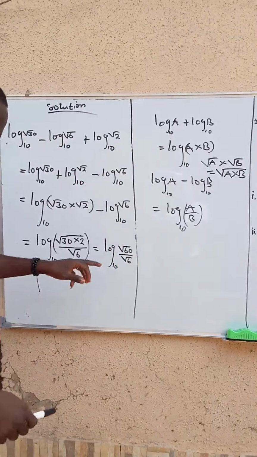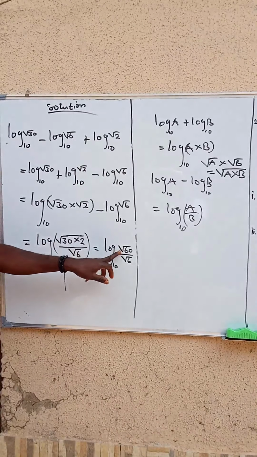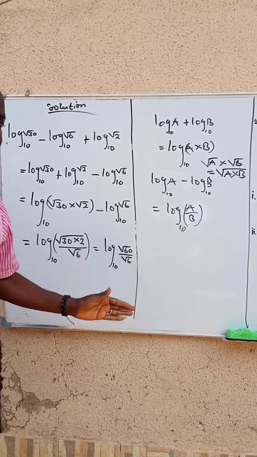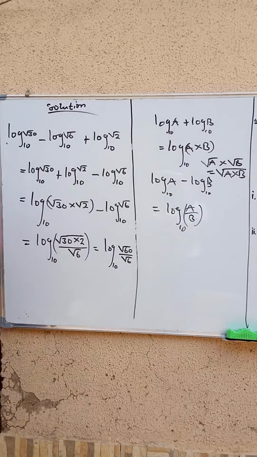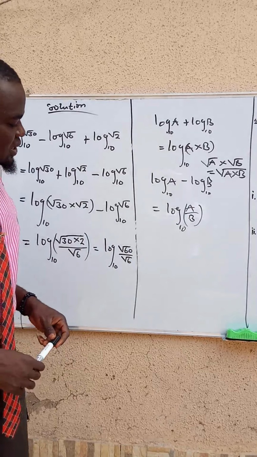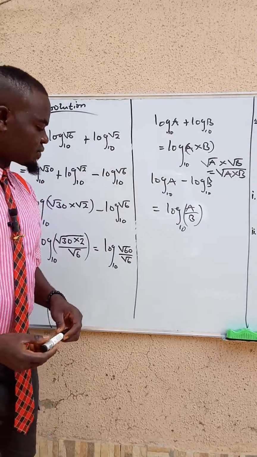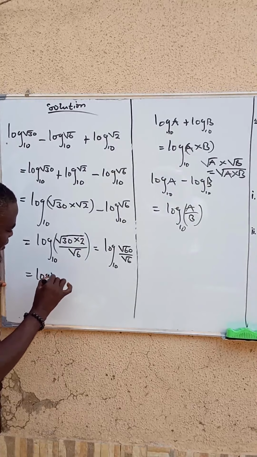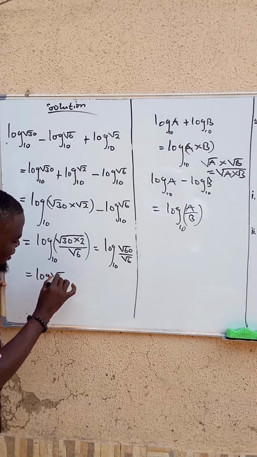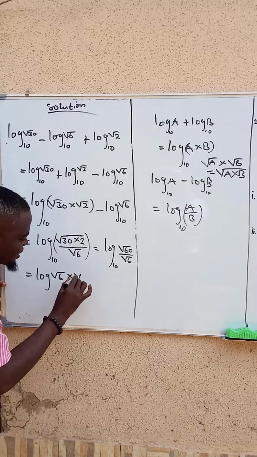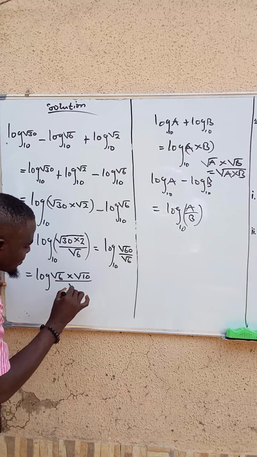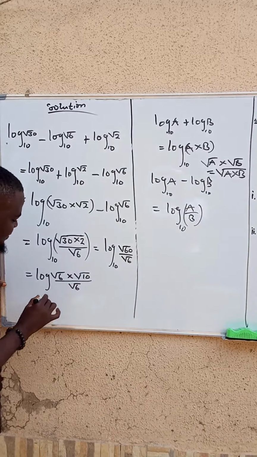Now, you all will agree with me that this root 60 is the same thing as root 6 times root 10. Good. So it will now be like this: log root 6 times root 10 over root 6 to base 10.